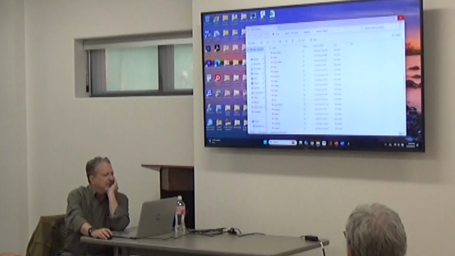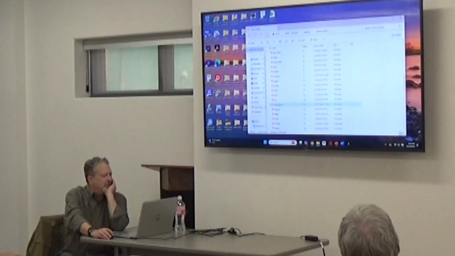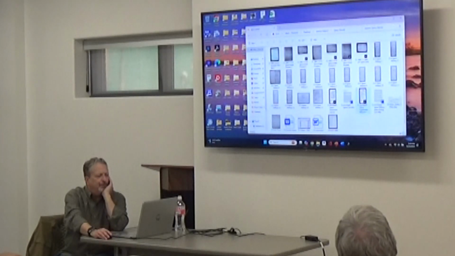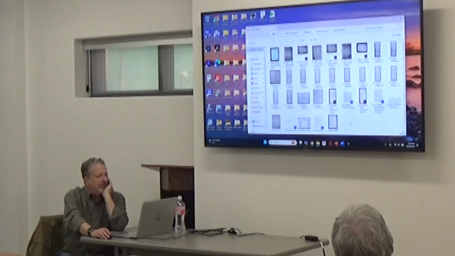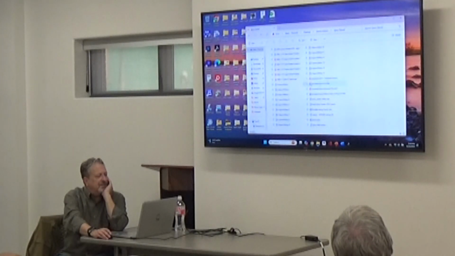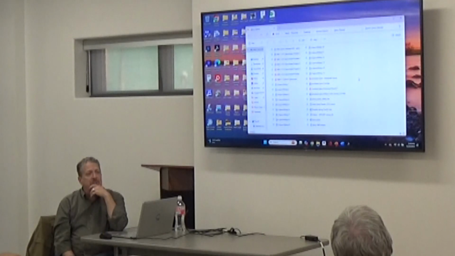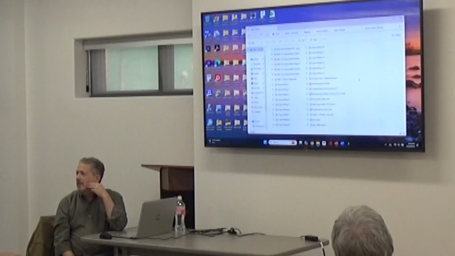So, yeah, these are the folders, and some of them I've redone. Did I do this one? Nope, I have not. And as a matter of fact, when I redo this one, I'll probably sort it differently, so that I can do list view, because it's easier for me to go through and rename things with a list.